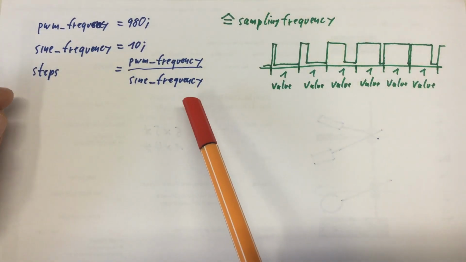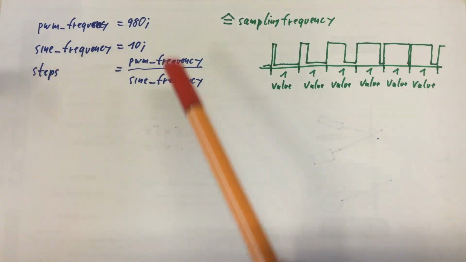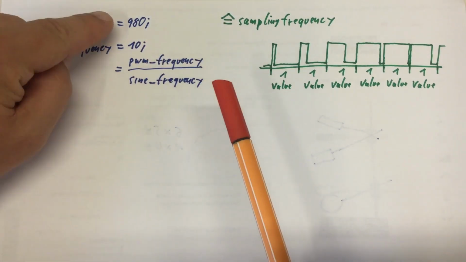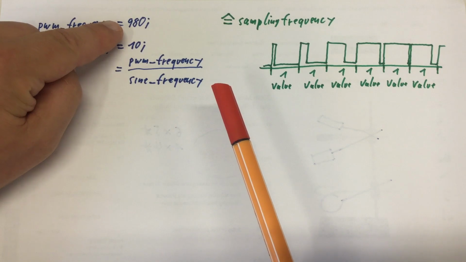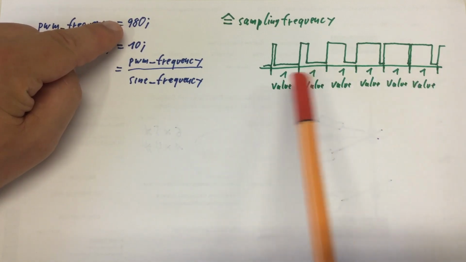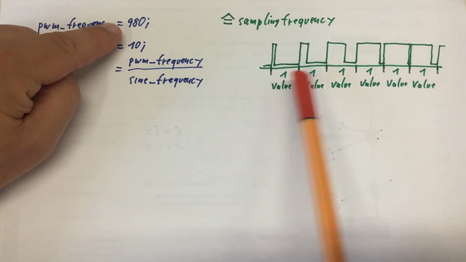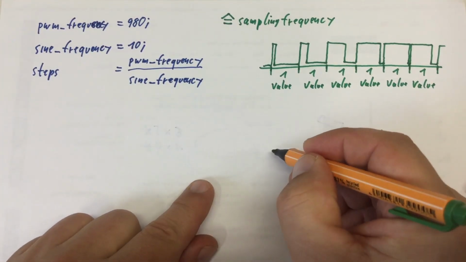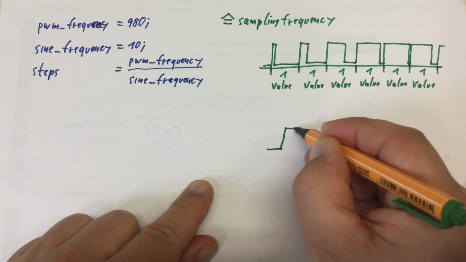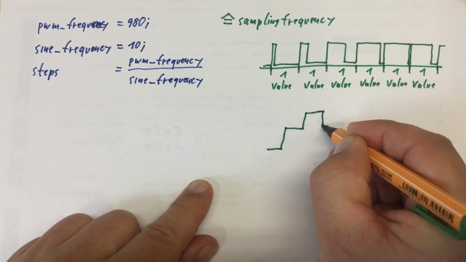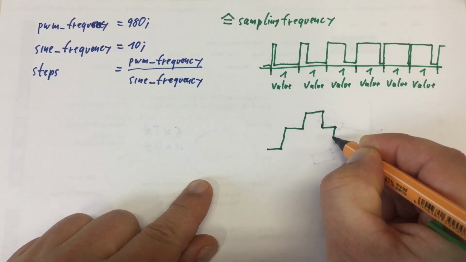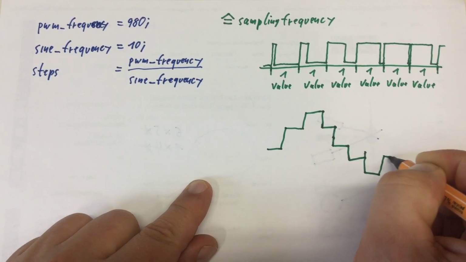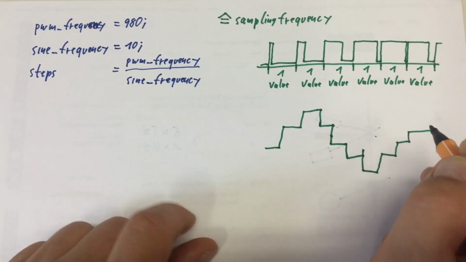So for example, if I would take a sine frequency of 100 Hertz, I'd have 9.8 samples, probably not exactly, these are a little bit more, but you see what I'm saying.